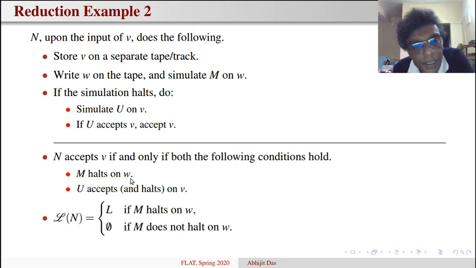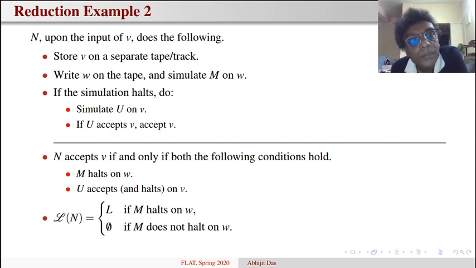Therefore, if M halts on w, this condition is satisfied, and the language of N is the same as the language of U, which is L. On the other hand, if M does not halt on w, then this simulation never ends, and irrespective of whether U accepts v or not, the simulation never gets a chance to come to this third step. So its language is empty.